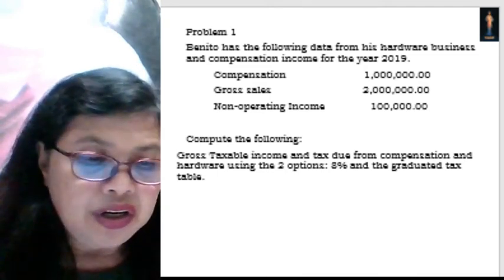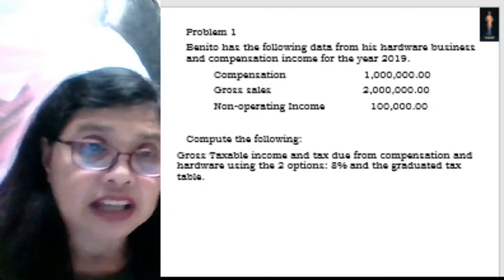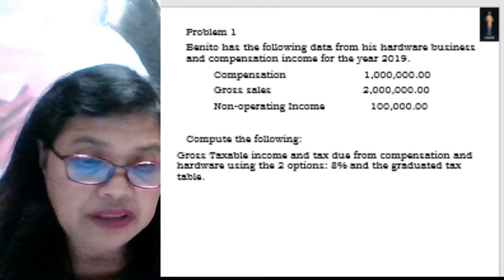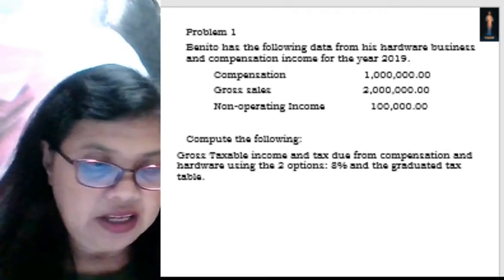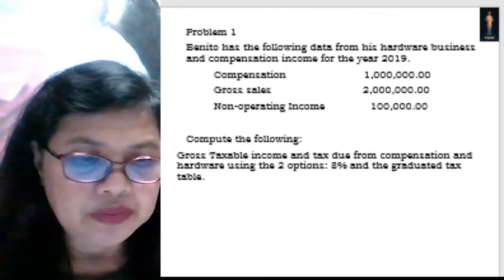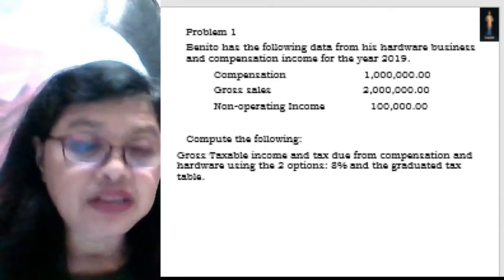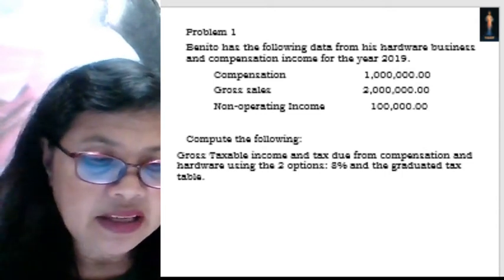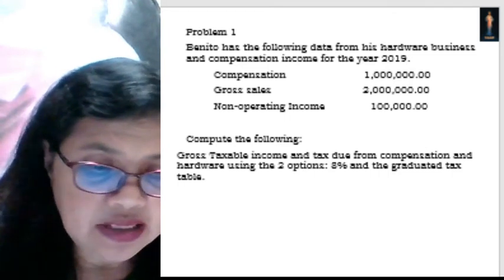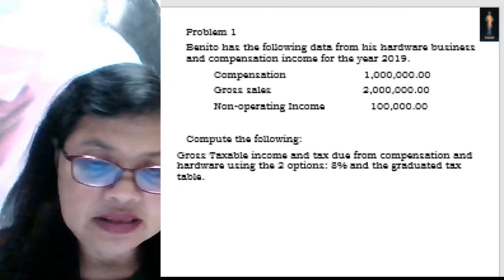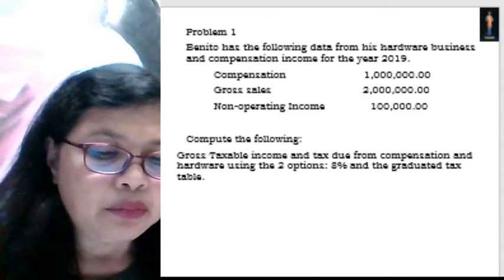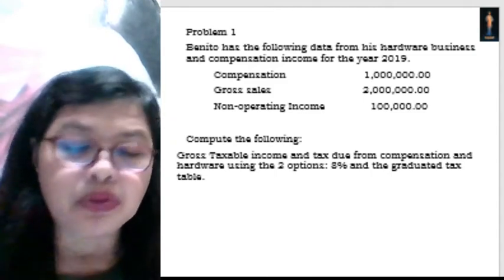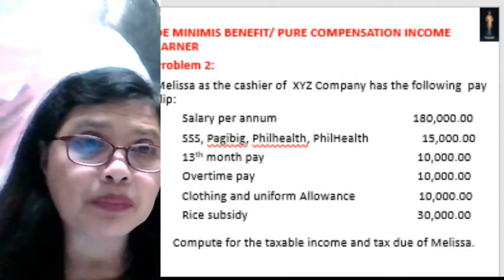You go to your tax table, how much is the salary? How much is the tax rate for 1 million? Okay? So that's it. You use your tax table, and then I think there is a tax exemption there, and then multiply it by the tax rate. So that's it. That's a clue for problem number one.